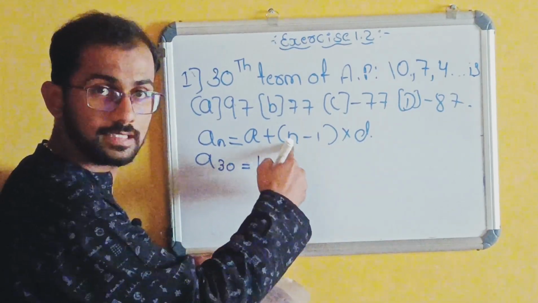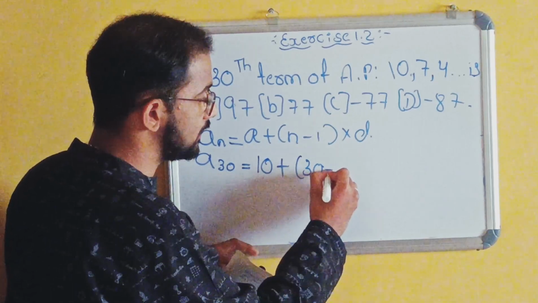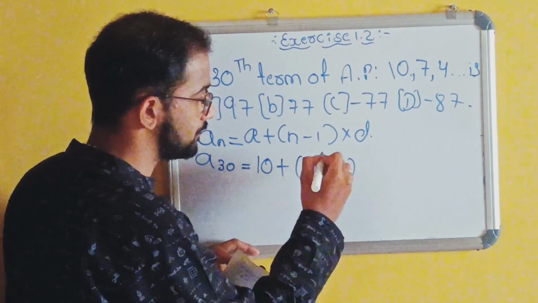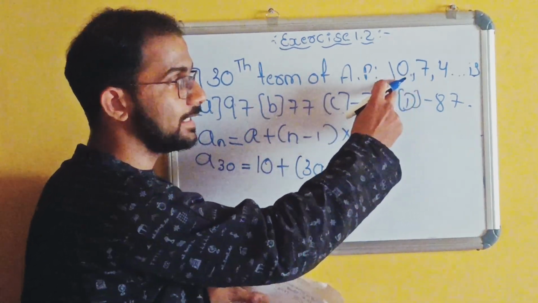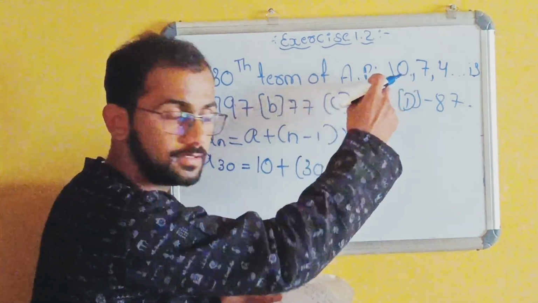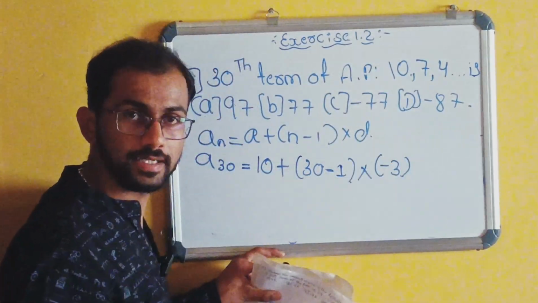Consider n is 30, and minus 1, into d, which is 7 minus 10. What is 7 minus 10? That is minus 3. The common difference is minus 3.